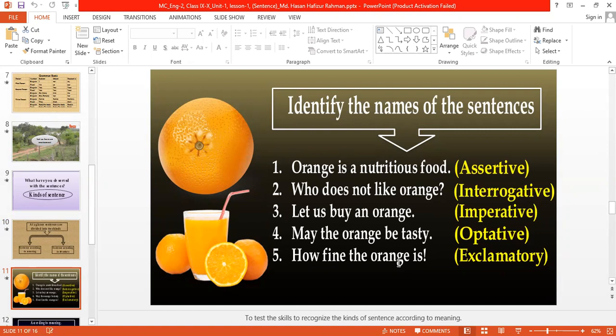Emotional or surprised feeling is expressed by the exclamatory sentence. Everybody, you know the kinds of sentence, and you can identify the name of the sentence. And when you read out your passage, you find out the sentence easily.